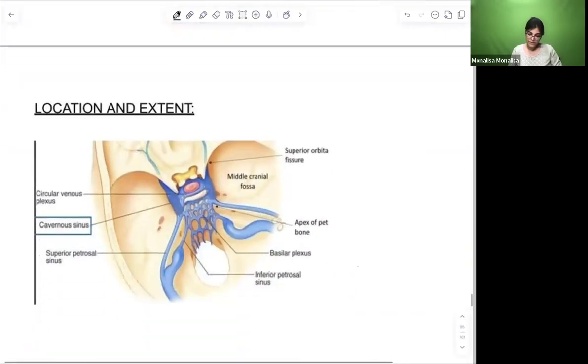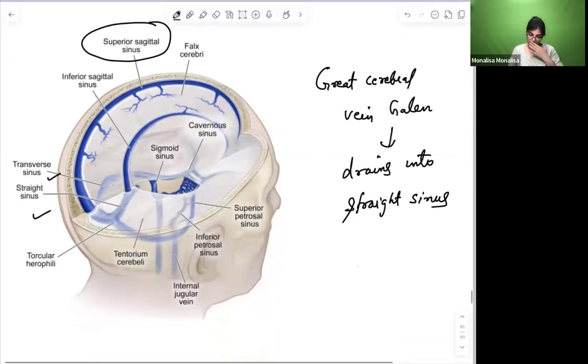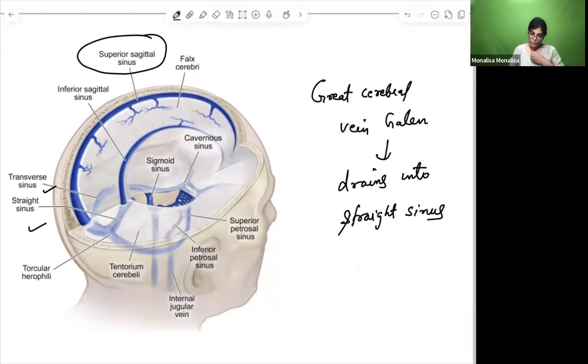And this is the junction of the sinuses. So just go through the images, because image-based questions can be asked.